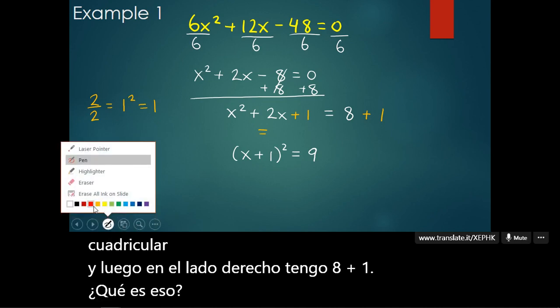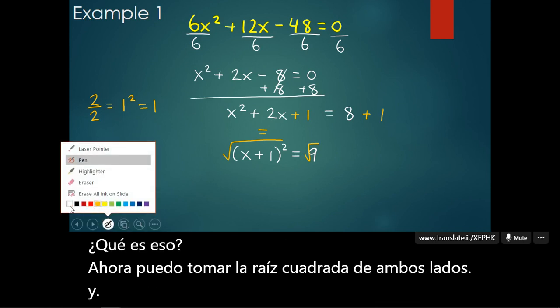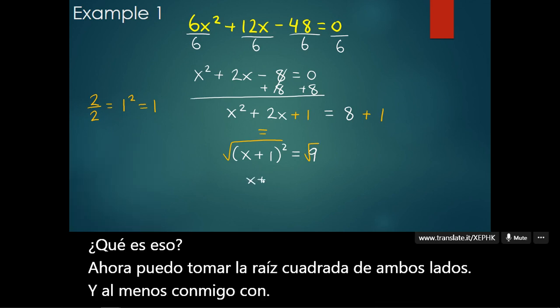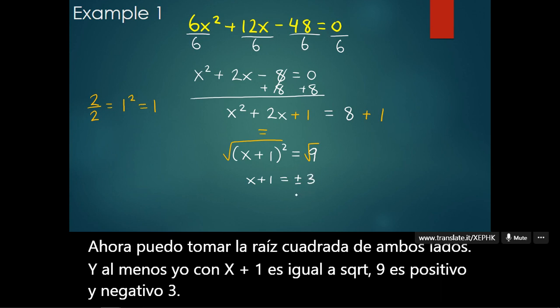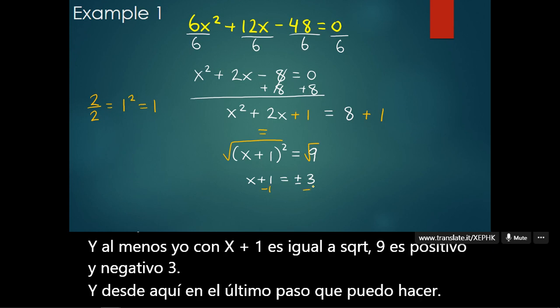Now I can take the square root of both sides, and that leaves me with x plus 1 is equal to the square root of 9, which is positive and negative 3. And from here, the last step I can do is subtract 1 from both sides.